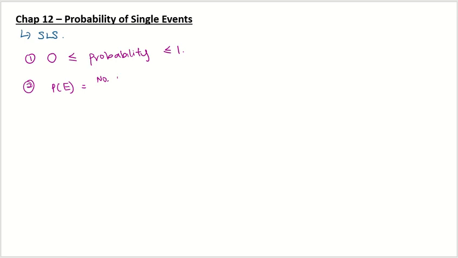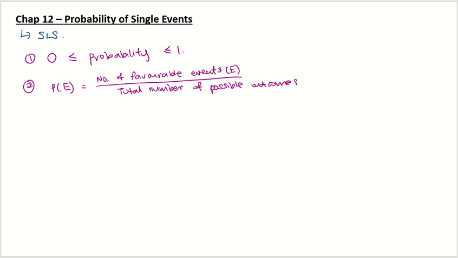Number of favorable events, which is what you want to find out, which I call the event E, over your total number of possible outcomes. This is the formula in order for you to find the probability of a certain event.